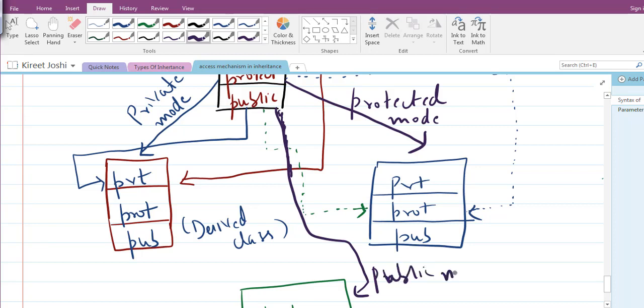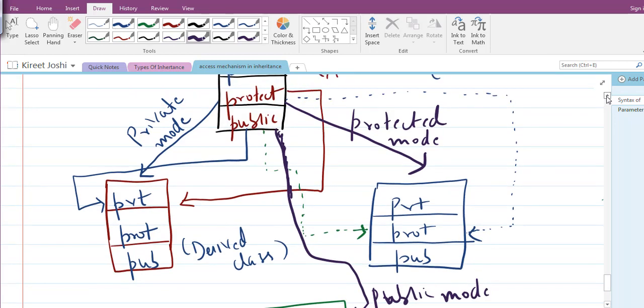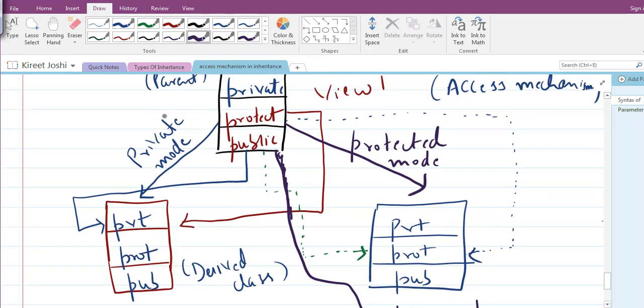If the visibility mode is public, then we are not changing the private, because it is not accessible. The protected will become protected and the public will become public.